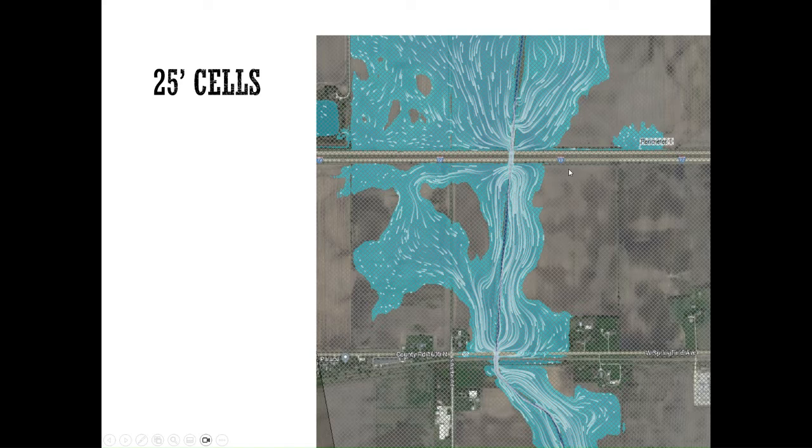So by just refining our mesh resolution, we're allowing the model to produce higher water surface elevations, more inundation, because it's actually seeing those areas that would be barriers to flow.